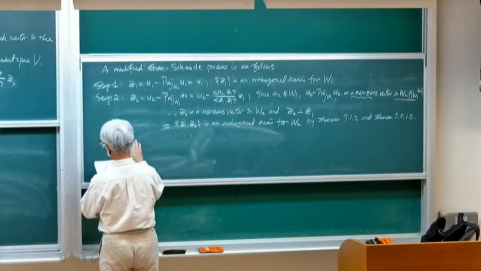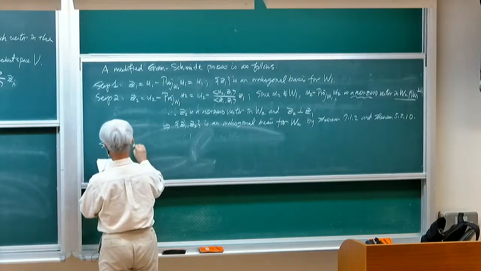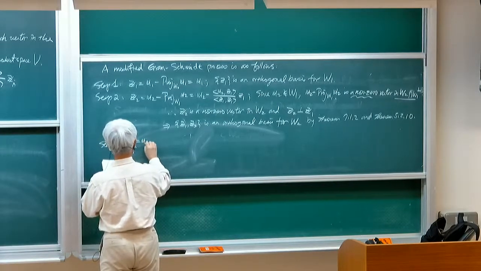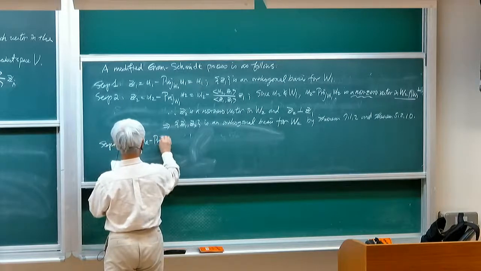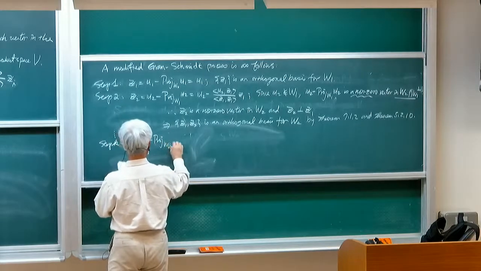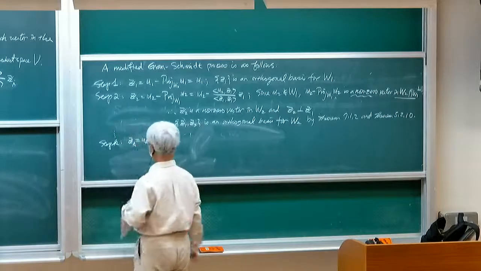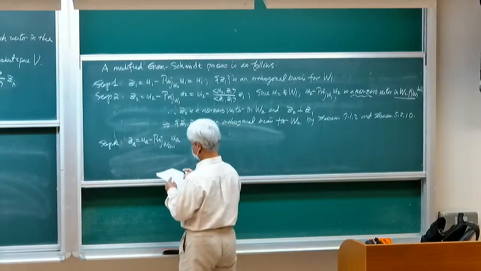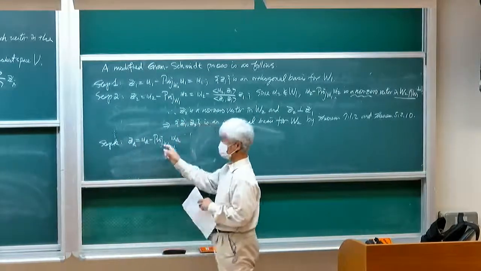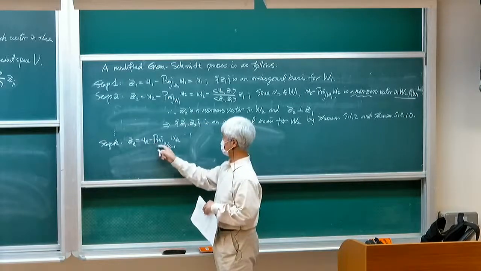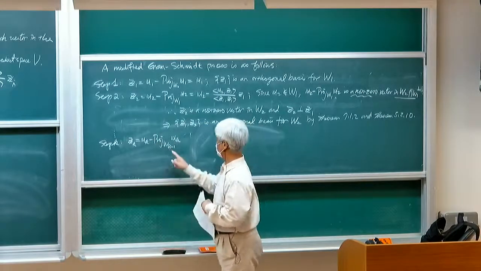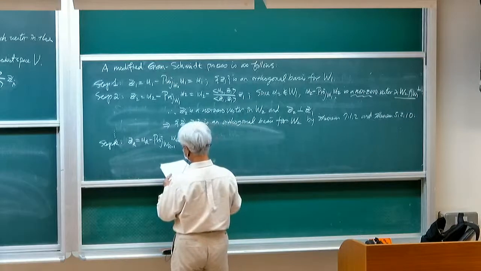Similarly, in step K, suppose we are at step K, and so ZK is obtained from UK by taking the difference of UK and its projection onto W sub K minus 1.